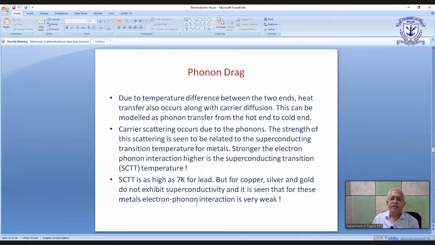And as you know, there is always a search for materials with a higher superconducting transition temperature. So this is an interesting point to be noted. However, for copper, silver, gold, highly conducting materials, it is seen that they don't exhibit superconductivity. And one can trace this to the fact that in these metals, the electron-phonon interaction can be quite weak.